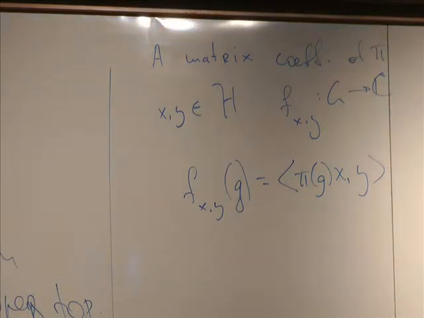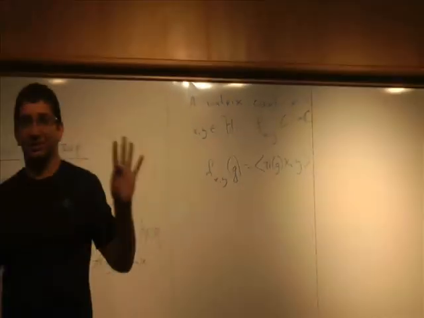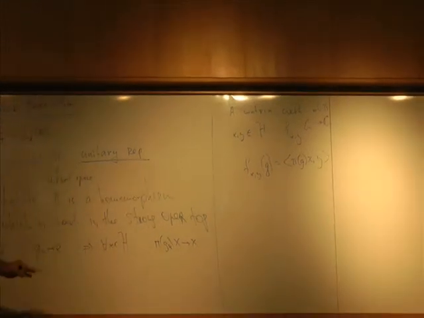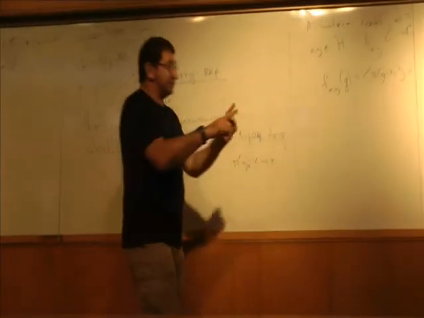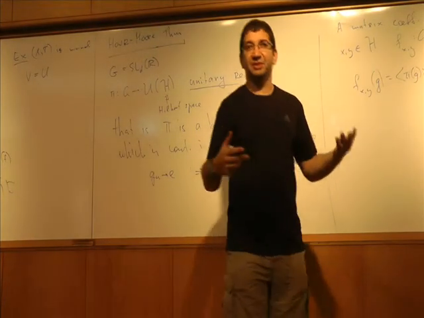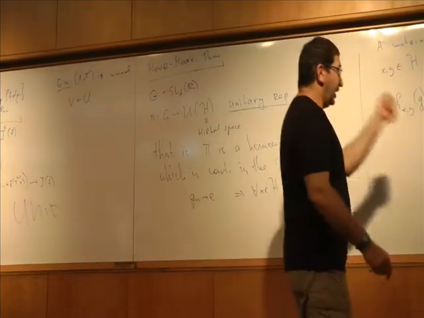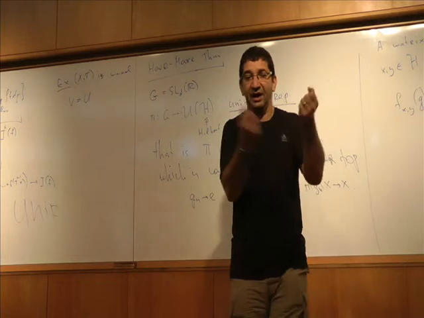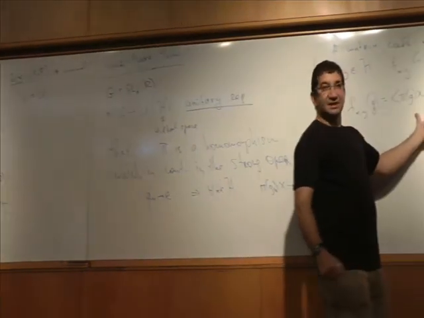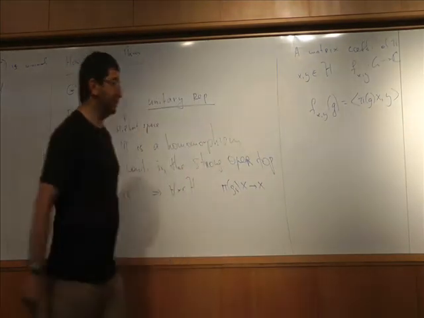Because if you take some basis of H, think of it as finite dimensional for a moment. So you have a finite dimensional Hilbert space, which is just C to the n. You have an orthonormal basis, then your representation can be written by matrices, which are unitary matrices. And if you take the ith and the jth elements for x and y, then this is precisely the ij entry of this unitary matrix in the image.